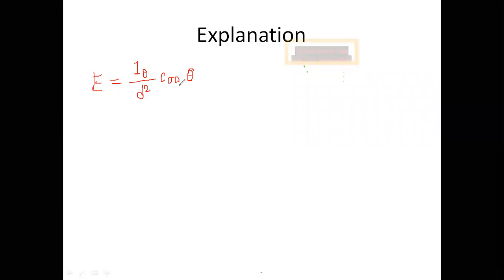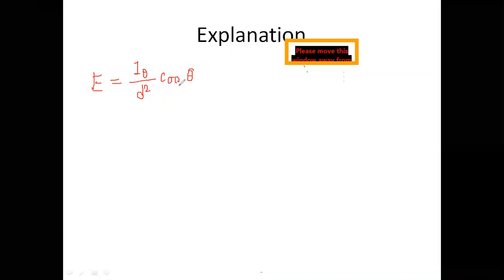Now we have to explain it. It is the point source illumination equation. If the source is not a point but a huge source, then we can say there are lots of points, and if there is one point, then it is this equation. But if there is a light of many points, then we can apply it to the many points of light.